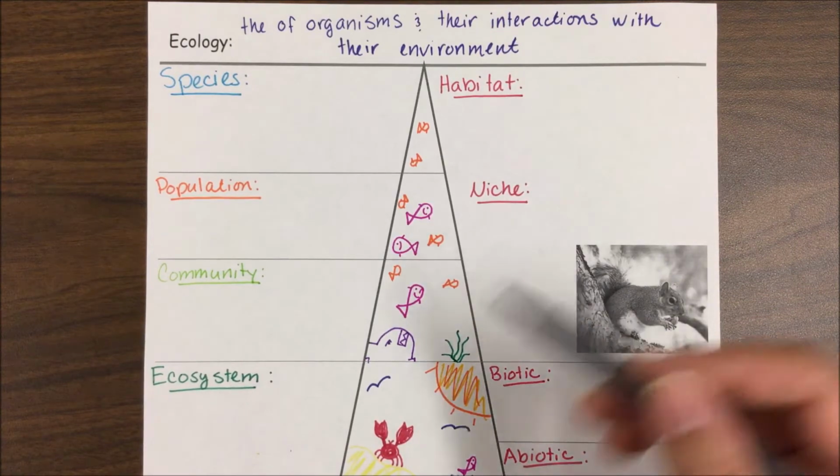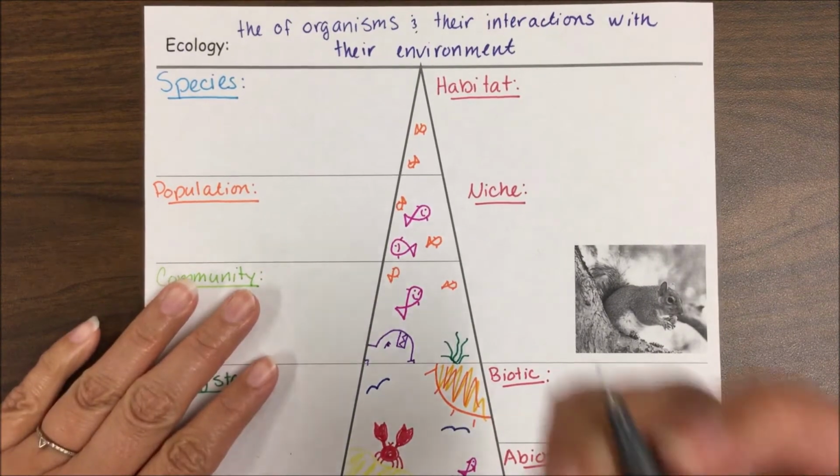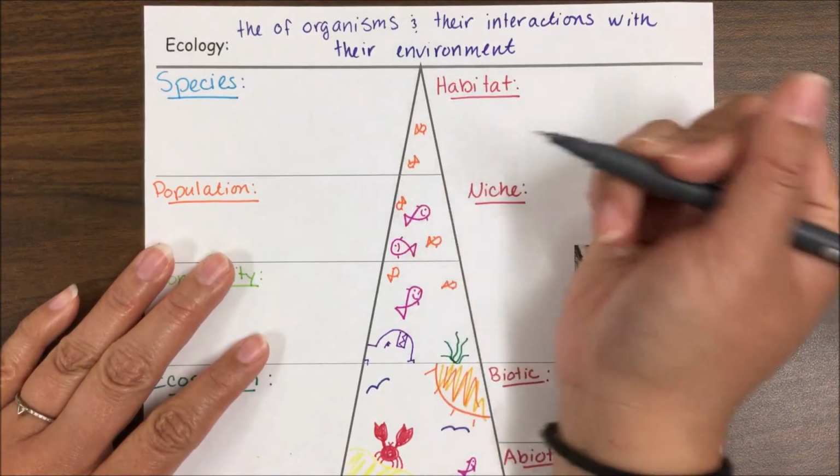And so we're going to look at our levels of organization from an ecological perspective. For example, the smallest group of specific things that we can have would be considered a species. I can see right here I have these little fish drawn in.